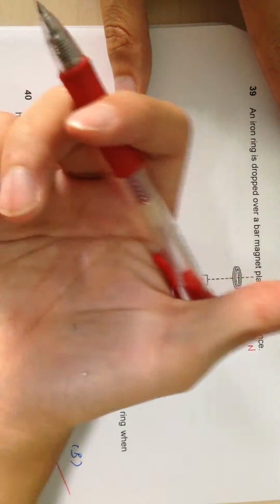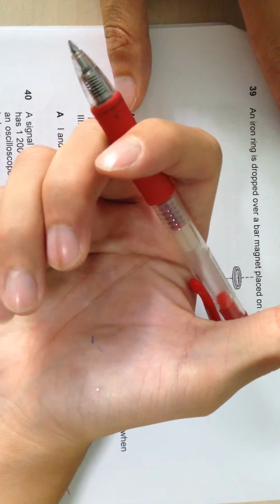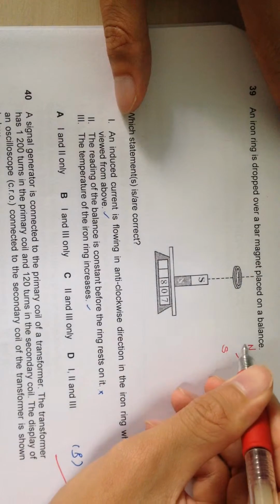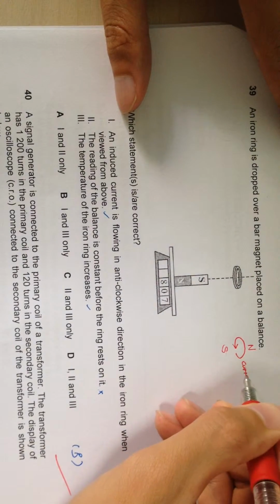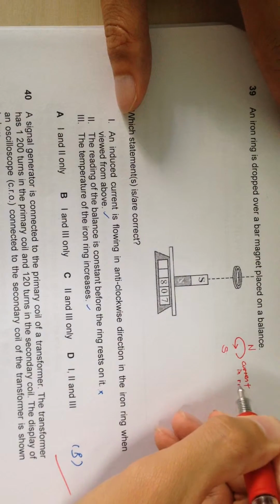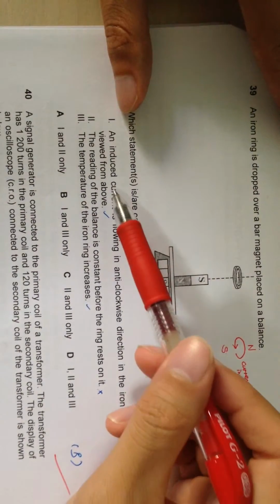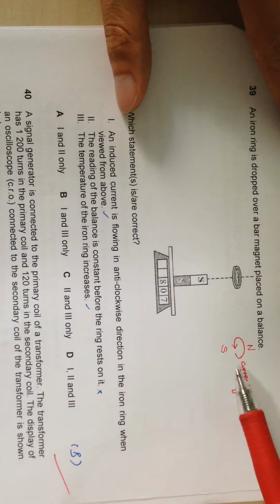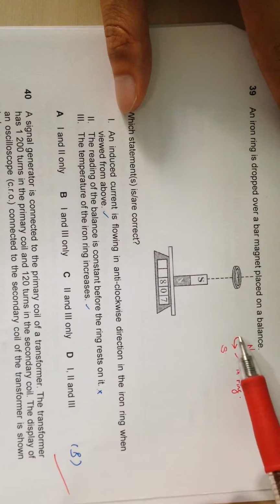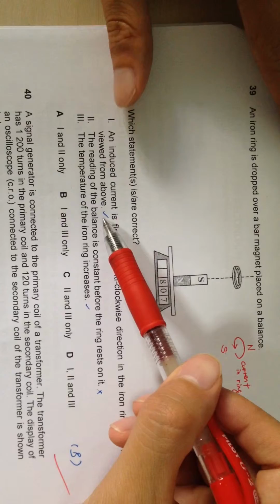To have that, use your right hand rule. You want north to be upright, so it will go this way. This is your current in your ring. So with that, the induced current flows anti-clockwise. So number 1 is correct.